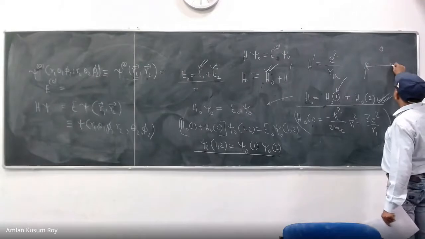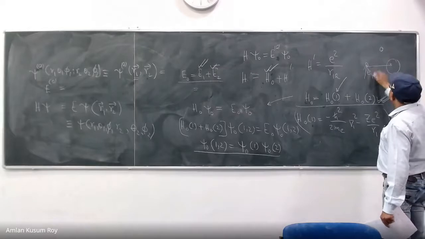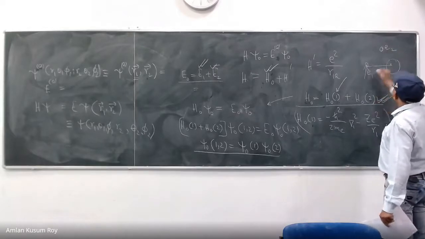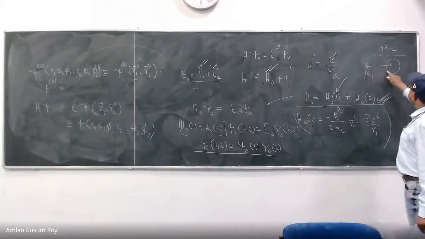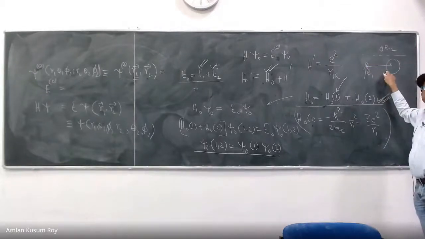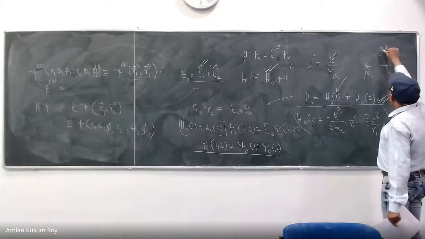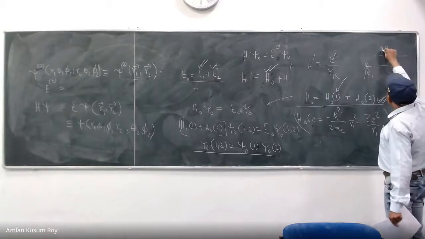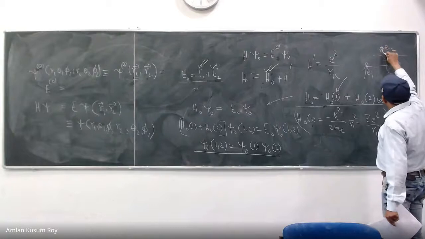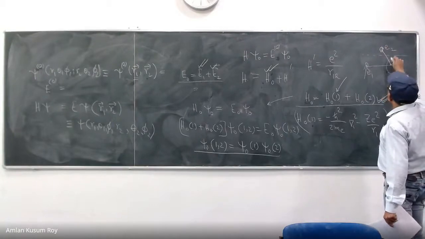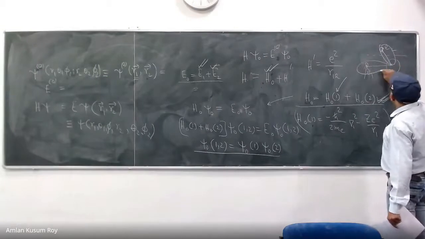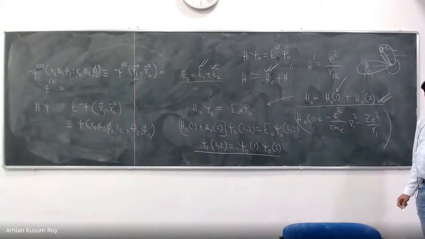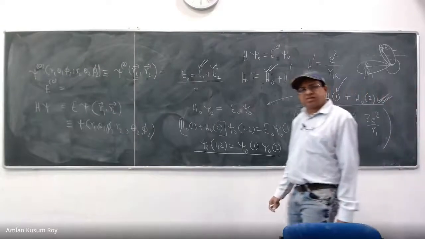That means this interaction. So this is the nucleus, this is electron 1, this is electron 2, right? So your H0 is representing only this portion of the problem. Does it make any sense? It doesn't make any sense. H02 is representing only the kinetic energy of this electron and its attraction to the nucleus. So only this portion, right? So that is not the helium atom, but it is also an unphysical system.